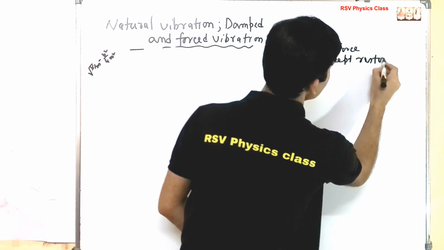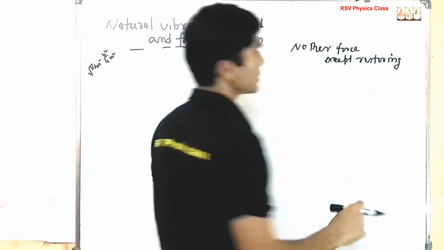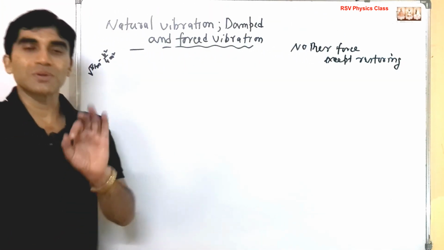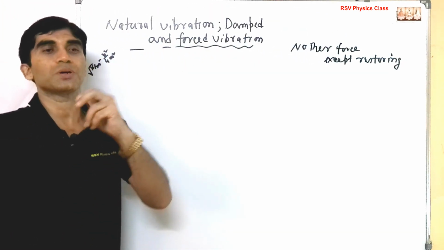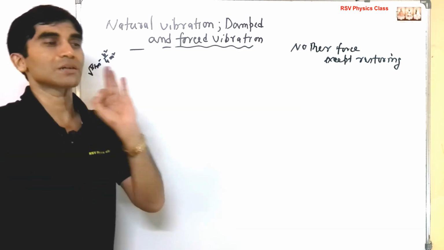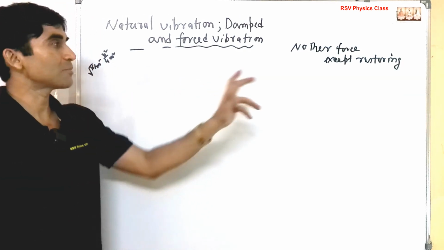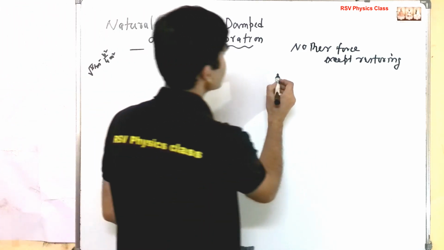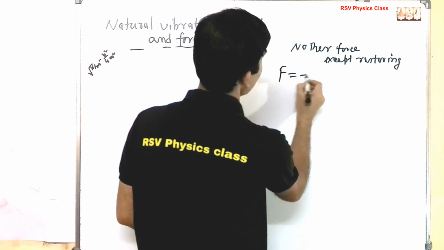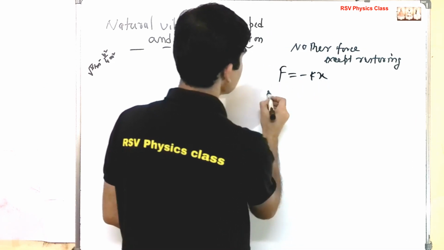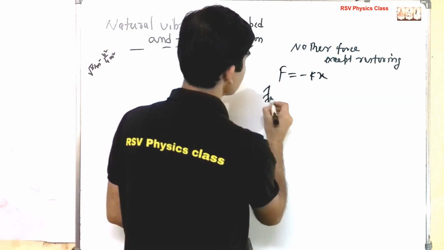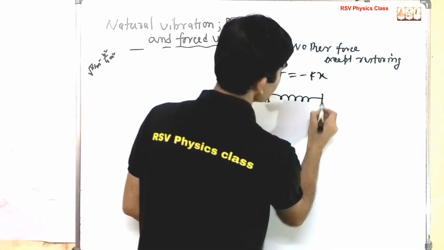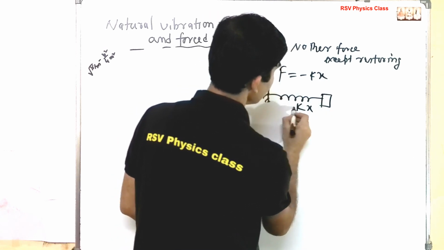The restoring force is there, so it is oscillating, but nobody is damping it or forcing a vibration on it, so those types of forces are not available. Just F equals minus kx, just like your spring.